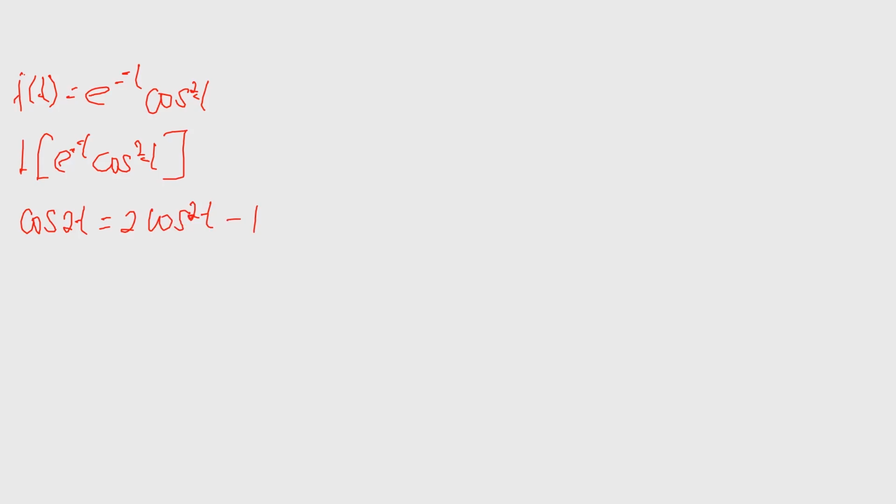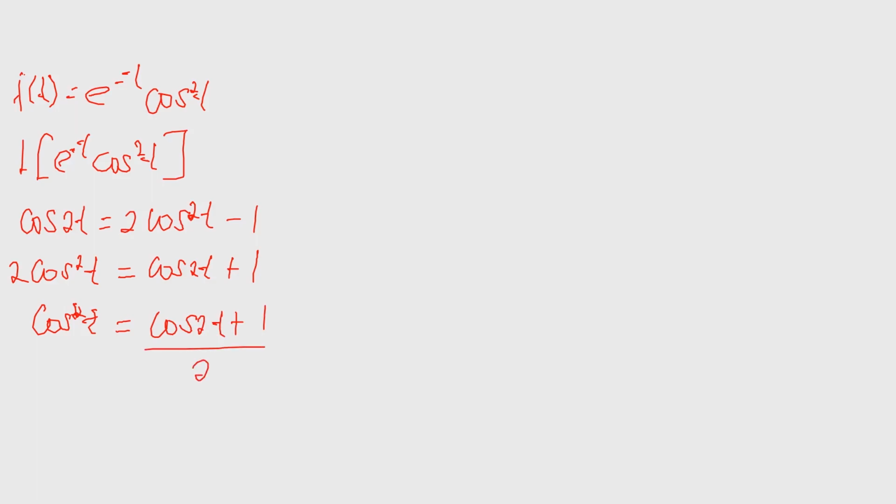If you know that cos 2t is equal to 2 cos squared t minus 1, then you can make cos squared t the subject of the formula. So 2 cos squared t will be equal to cos 2t plus 1. Therefore, cos squared t will be equal to cos 2t plus 1, over 2.